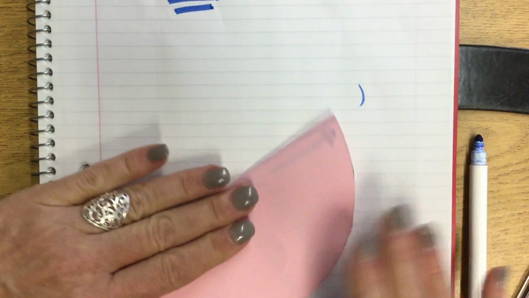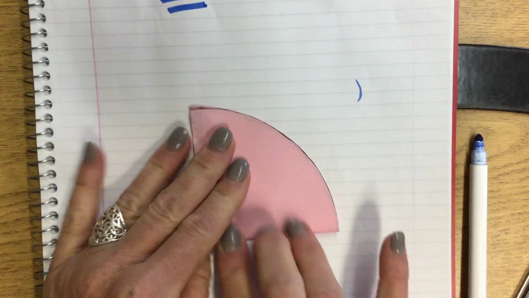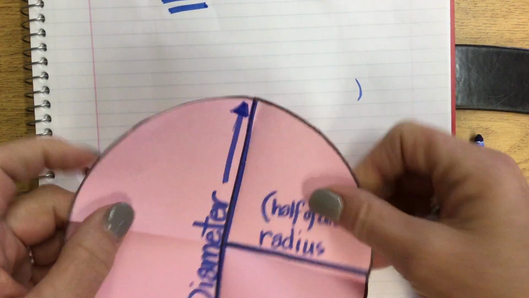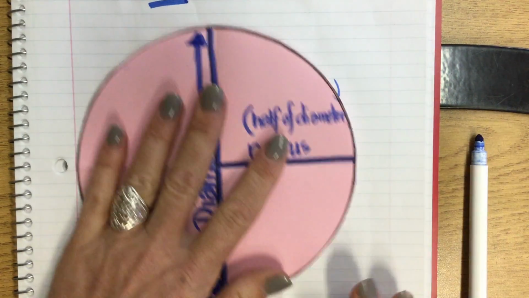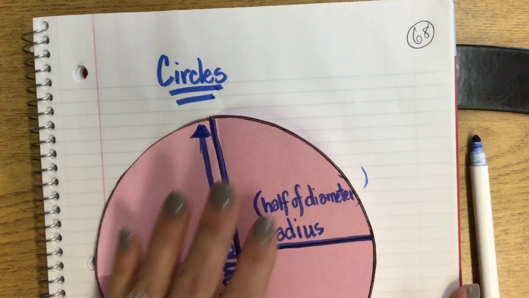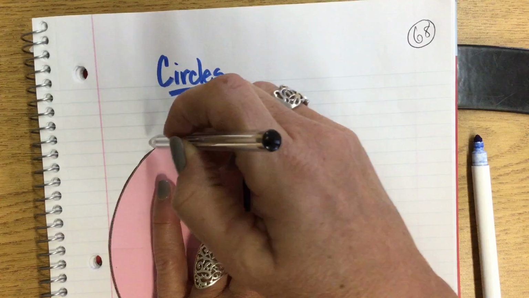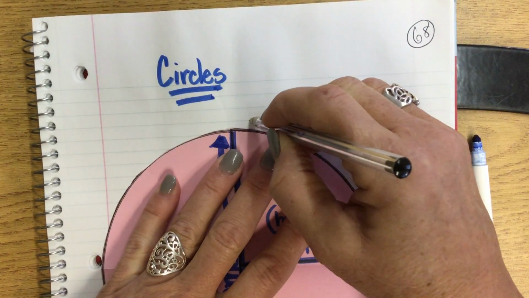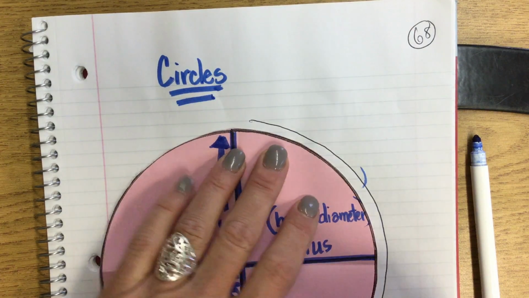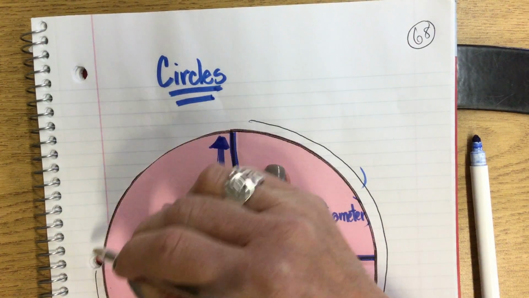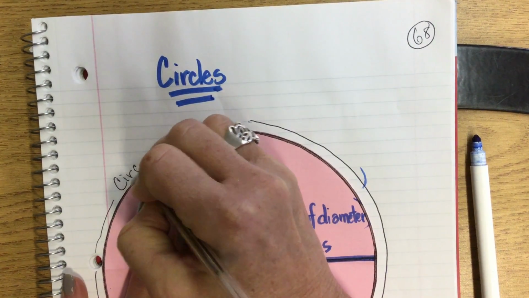By using that radius, we can find a quarter of that circle. All right, a few notes. I'm going to glue this down later. I apologize, I wasn't quite ready. This going all the way around is called the circumference.